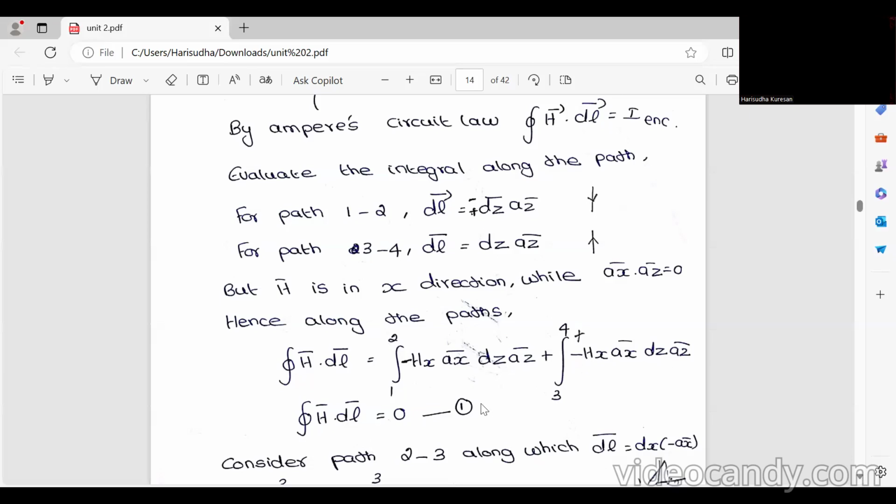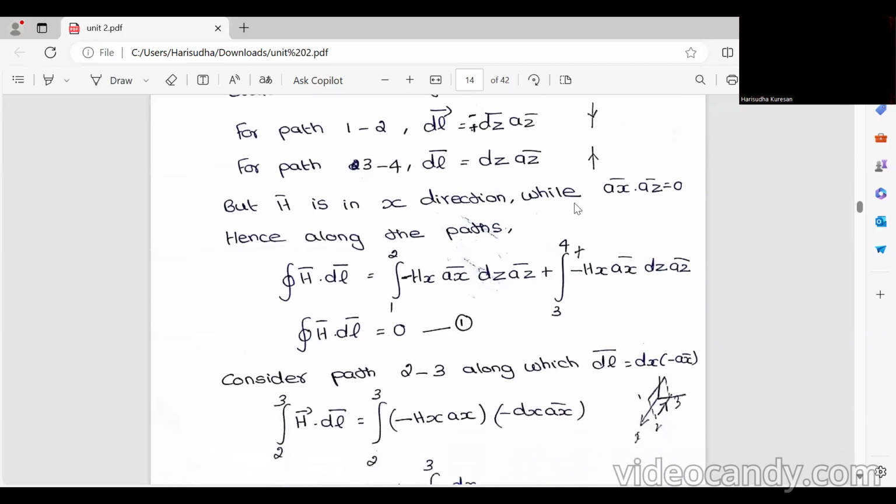The other two paths, 2 to 3 and 4 to 1, will be equal to 0 here. Therefore, these terms will be cancelled, because the dot product of ax dot az is equal to 0. So these two things will become 0.